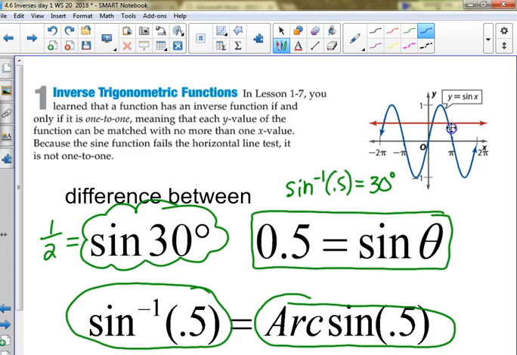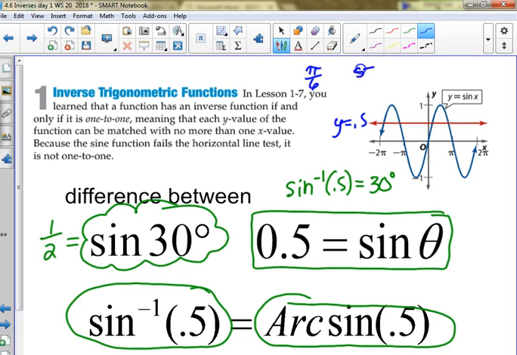But look at this graph. The blue is the sine. The red is the line y equals 0.5. Do you see that that line crosses over and over and over? And if I were to continue it, it would cross over and over. Matter of fact, on your unit circle, there's two places that I get 1/2 for a sine. Do you find the other one? 150. Okay.